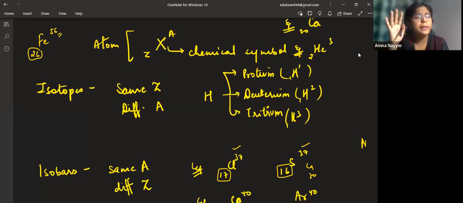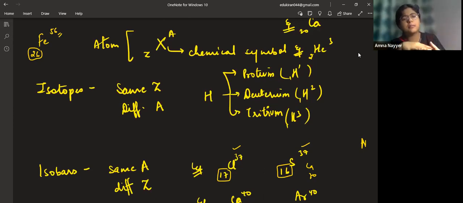So this is one example of isotopes. You will not be asked to directly give an example, but in the numericals it might be given to you. Then the next quantity: if we interchange this, same A and different Z, that is the same mass number but different atomic number. In that case, you will have isobars. The best example is chlorine and sulfur.